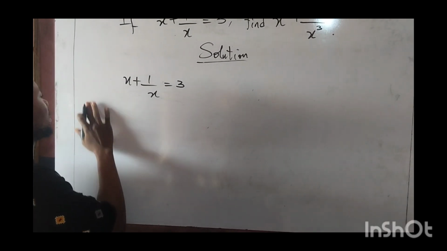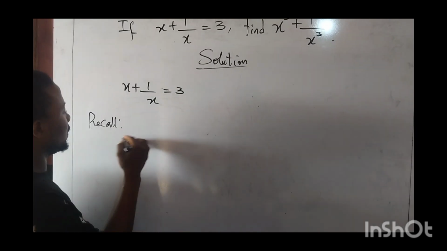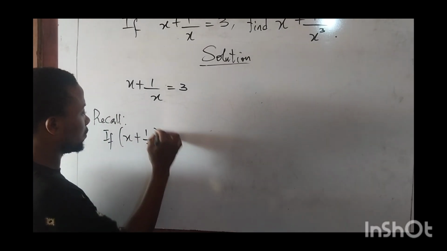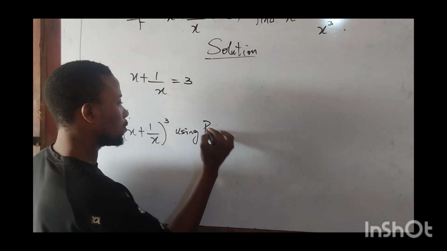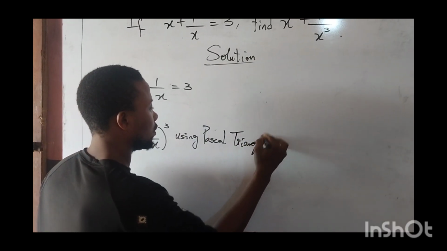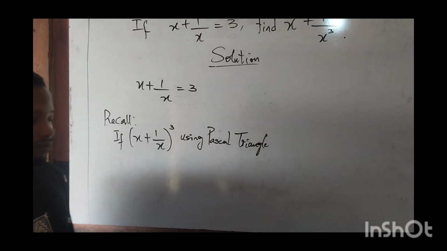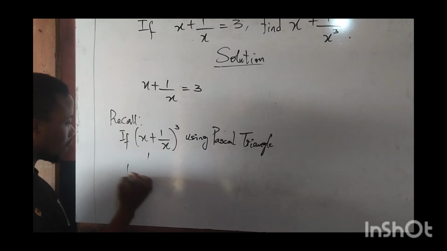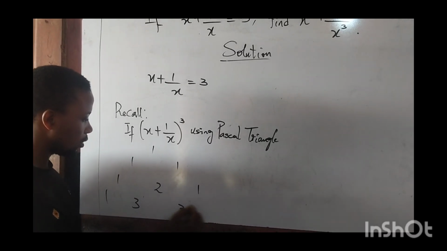Recall, if we expand this using Pascal Triangle, we will note that we are going to be having some coefficients which you can get by Pascal Triangle, which is 1, 1, 1, 1, 2, 1, 1, 3, 3, 1.